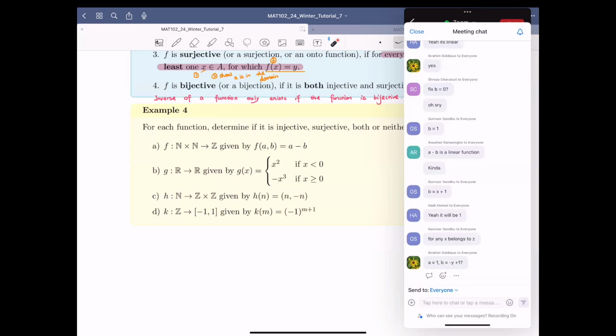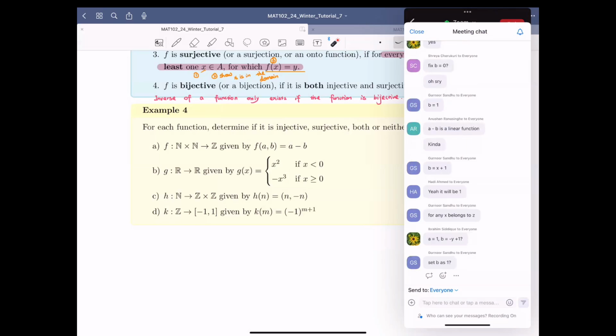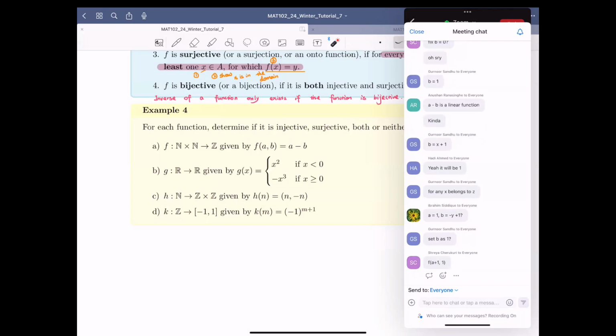Okay, I would not use X for any Y, because for the output we will use Y. Okay, how do you know if B is a natural number? For example, let Y be 3. Then minus 3 plus 1 is -2, which is not a natural number.